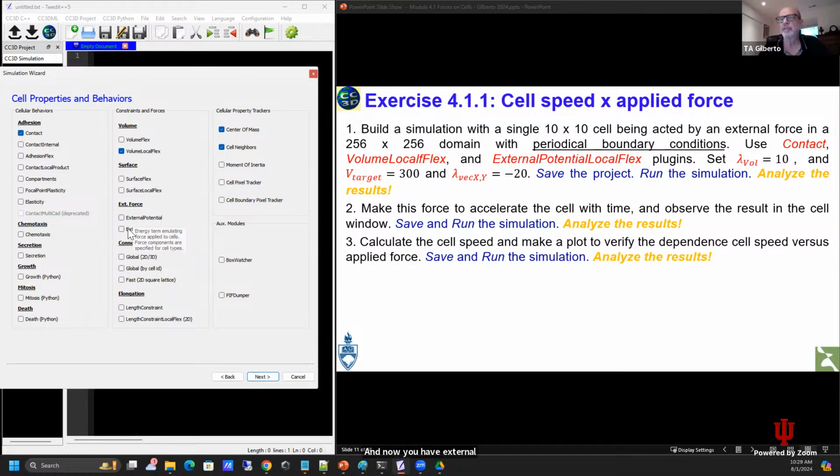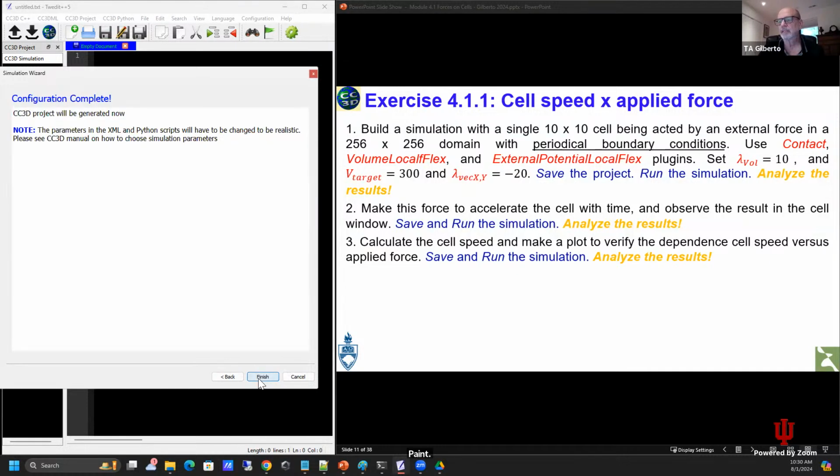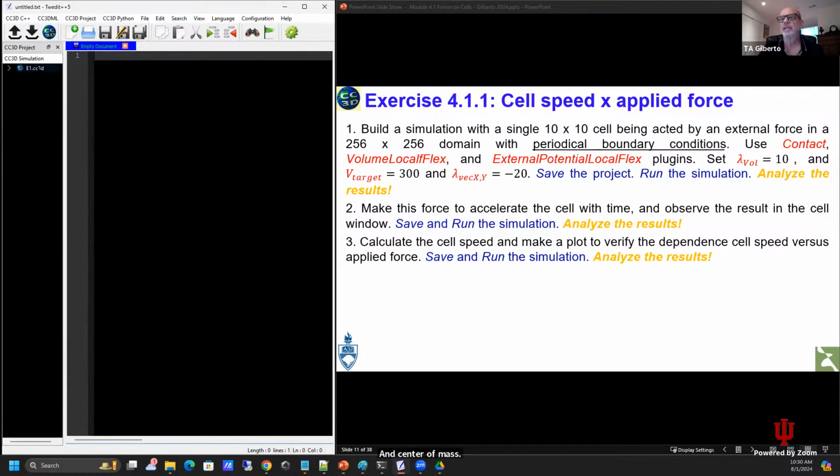Remember the difference between those two kinds of plugins. If you choose the first one, volume flex, surface flex, and external flex, the values are defined for all the cells in the XML file. If you choose the local flex, the values will be defined in the Python steppable file. And center of mass. Next, finish.